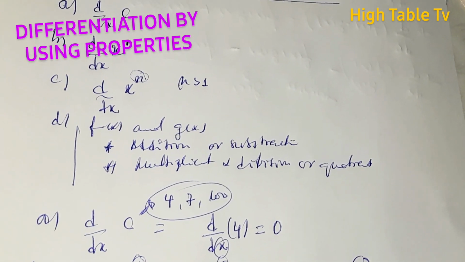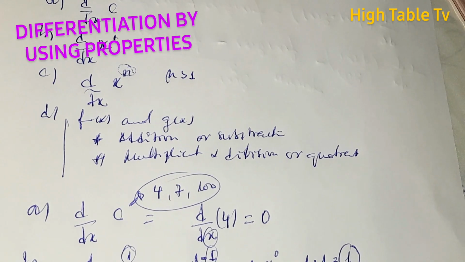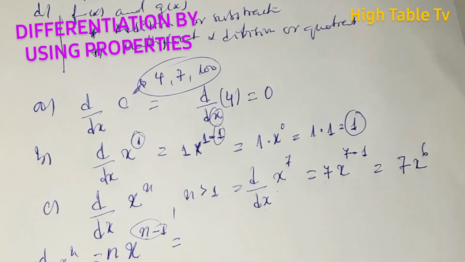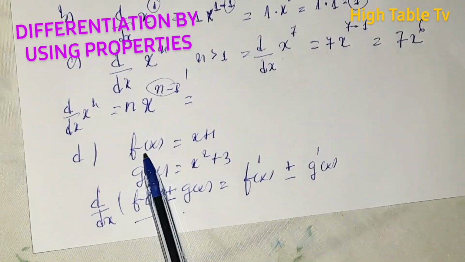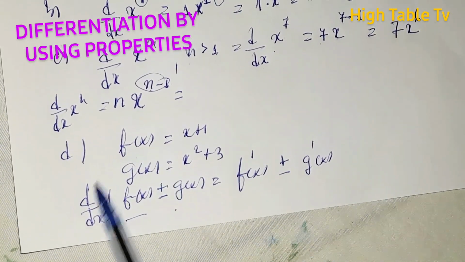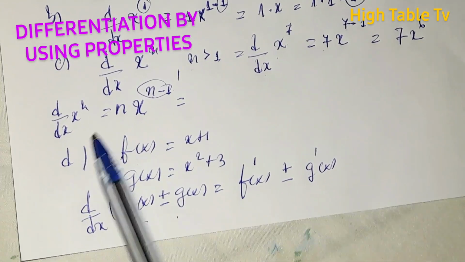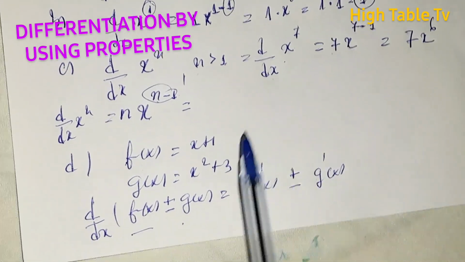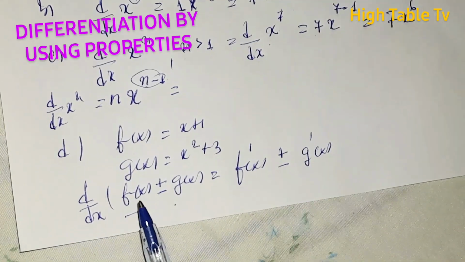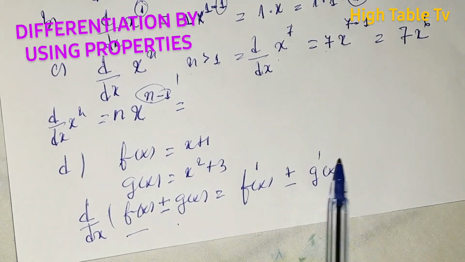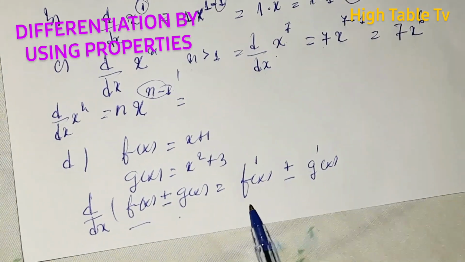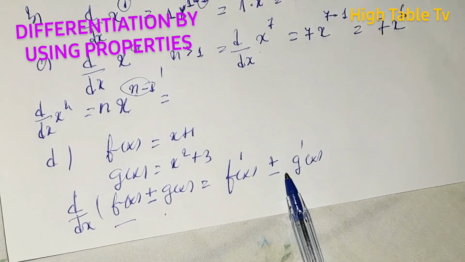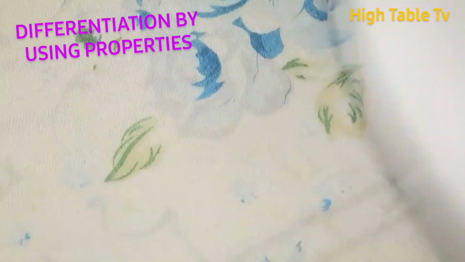And the last one for today is about when you have two functions, for example f(x) and g(x), and we can make the addition or the subtraction of those two functions. We have seen that it is easy: you take the derivative of the first function plus or negative the derivative of the second function.